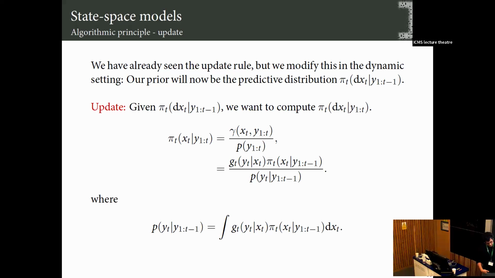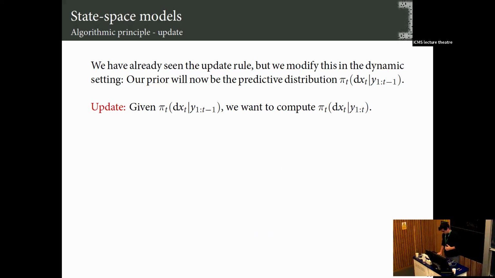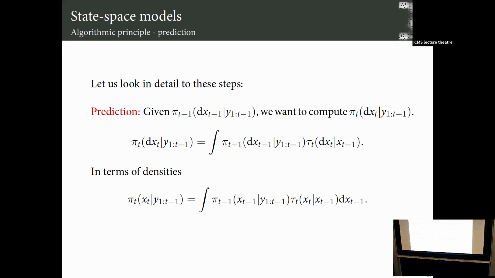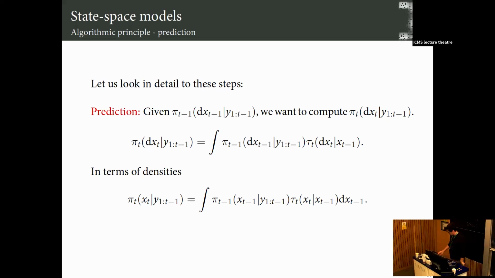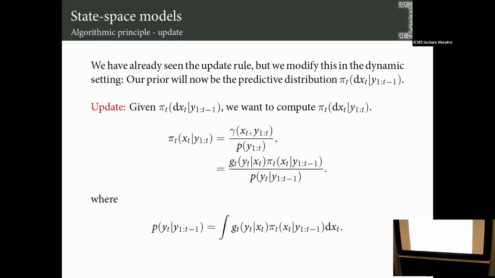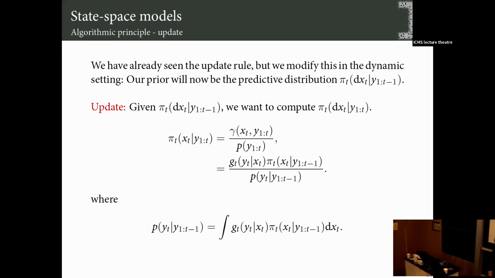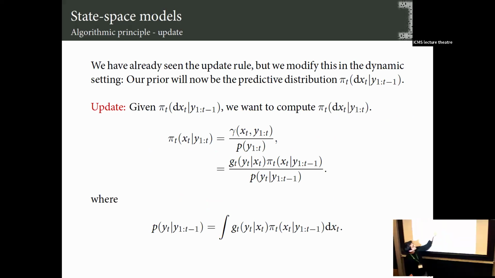So I had one formula here for the prediction: just integrate out x_{t-1}. Then I have the update formula here: use the predictive measure as the prior instead of the previous posterior, with the likelihood, and you get your posterior of x_t given y_{1:t}. These are called filtering recursions. Okay, it's a good point to take questions here, because then I will go into specific models and so on.